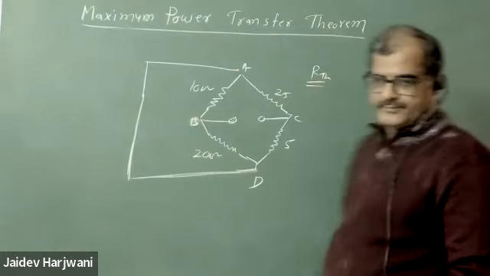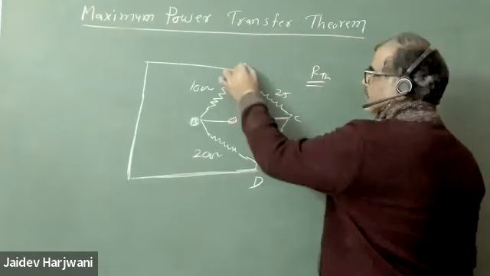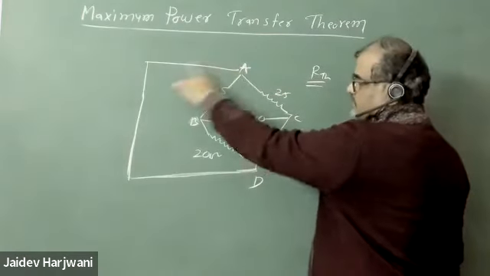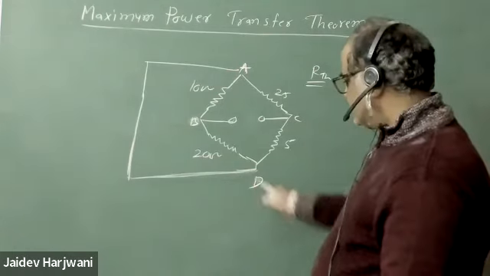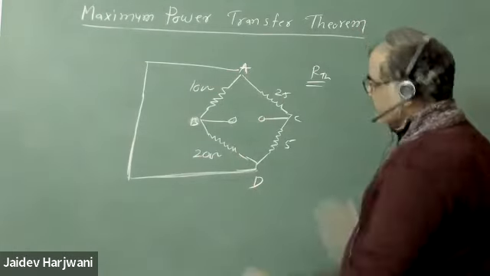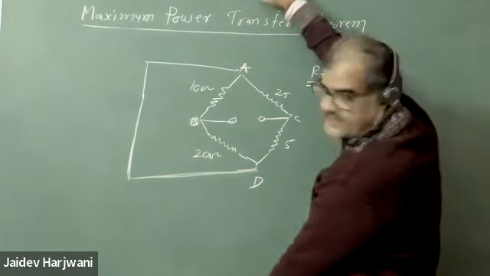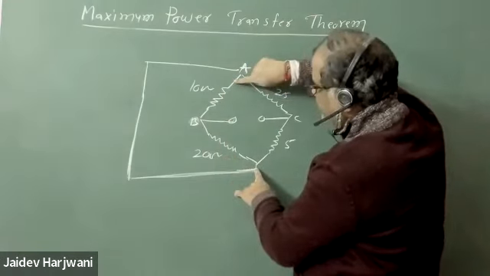If you carefully see this circuit, now these 2 points are connected. These 2 points are shorted. That means these two points are the same.